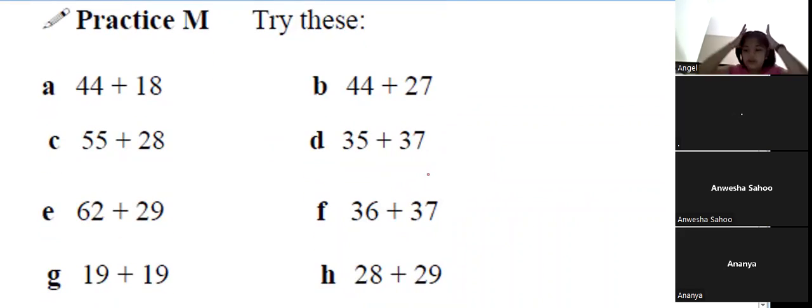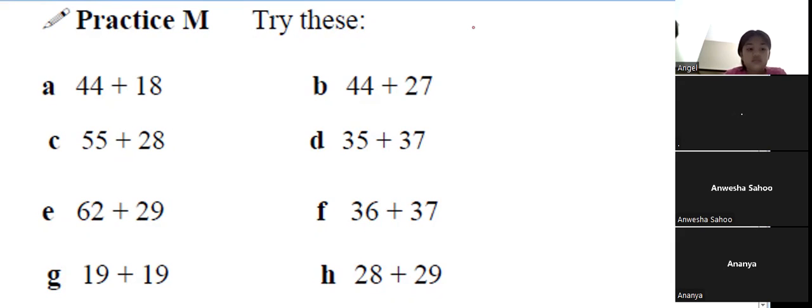Here there are some numbers ending with 9, some ending with 8, and some ending with 7. Instead of adding 9, we will add 10 and subtract 1. If the number is ending with 8, add 10 and subtract 2.